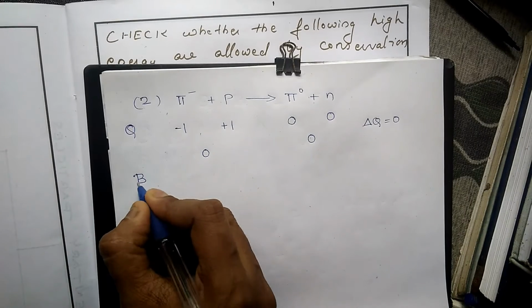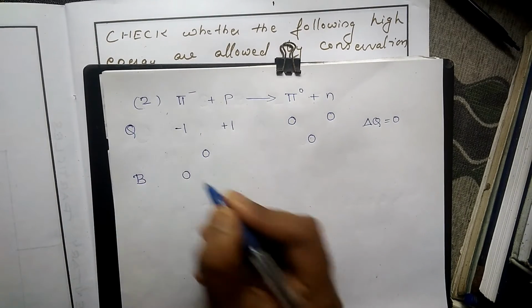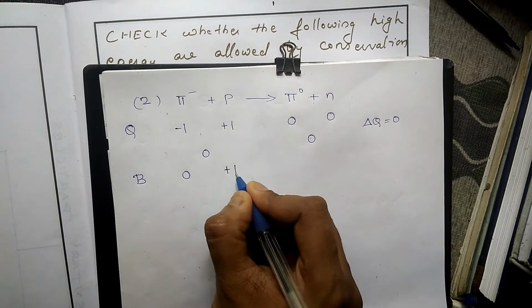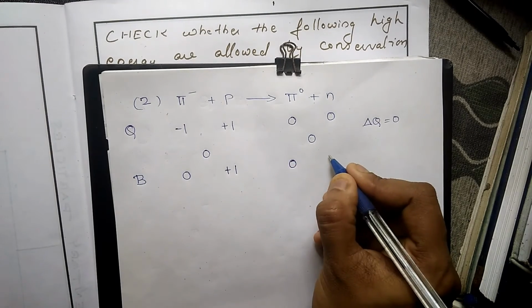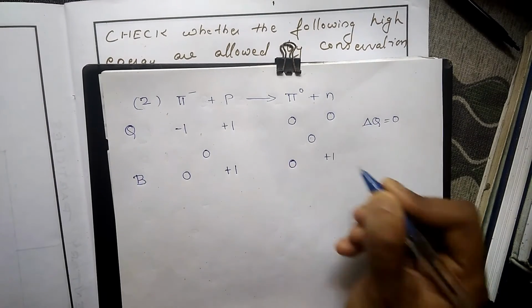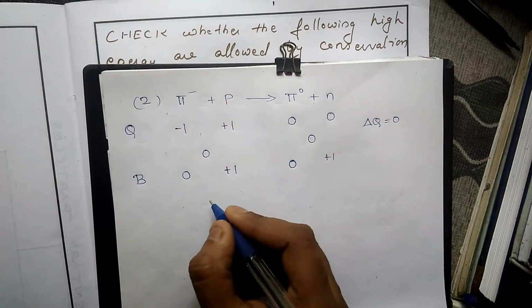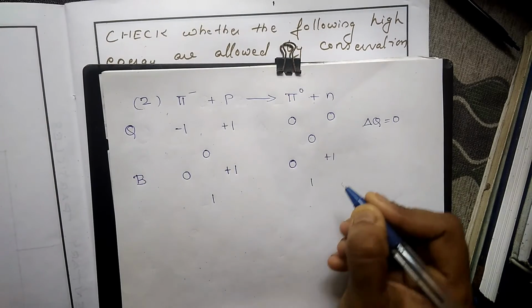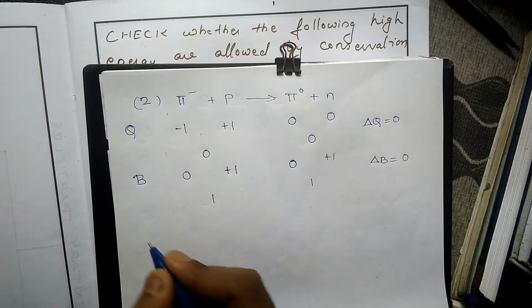Next, you have to see baryon number. For pi, it is 0. Proton is plus 1. For pi, again 0. And for neutron, it is plus 1 since proton and neutron are baryons. Then LHS is 1, RHS is 1. That means delta B is equal to 0.